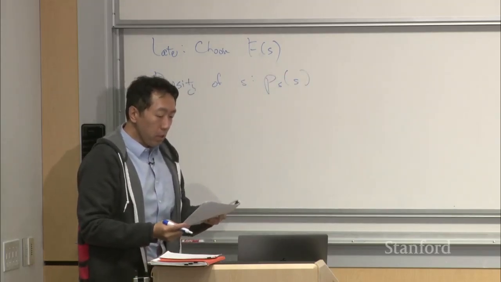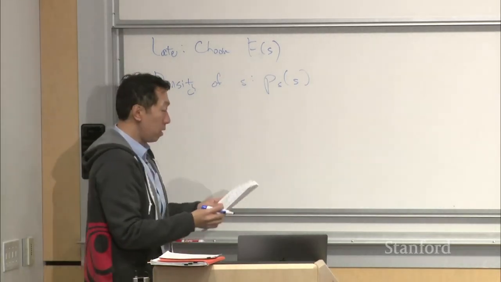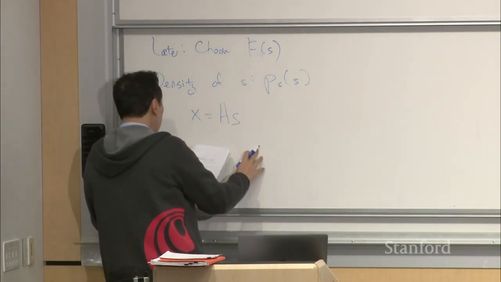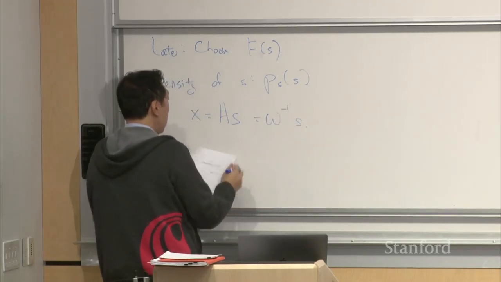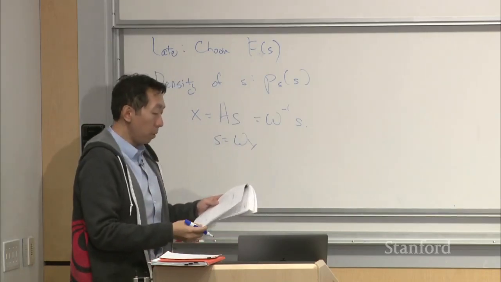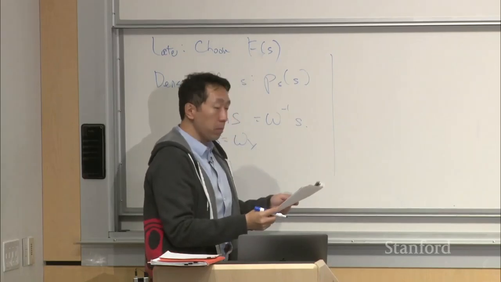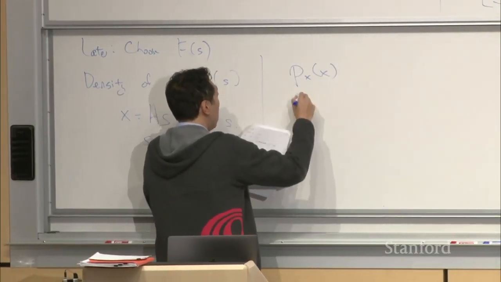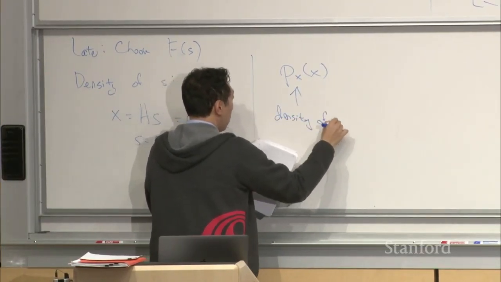Now, we're going to derive a maximum likelihood estimation algorithm in a minute, but our model is that x is equal to AS, which is equal to, I guess, W inverse of S, and S is equal to WX, right? So that's the model. And in order to derive a maximum likelihood estimate for the parameters, this is going to be the density of x.